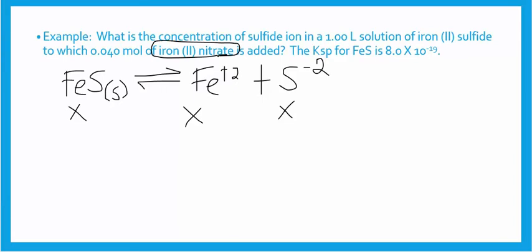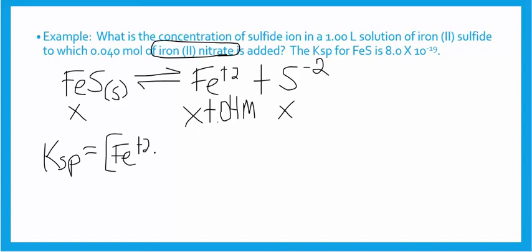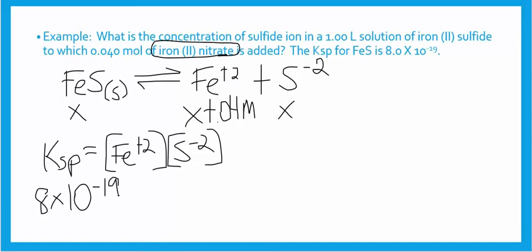So iron is going to be x plus the 0.04 molar, 0.04 moles in 1 liter. Ksp is equal to Fe multiplied by sulfide. We know the value, 8 times 10 to the negative 19th. Set that equal to x plus 0.04 for iron, and then sulfide is just x.